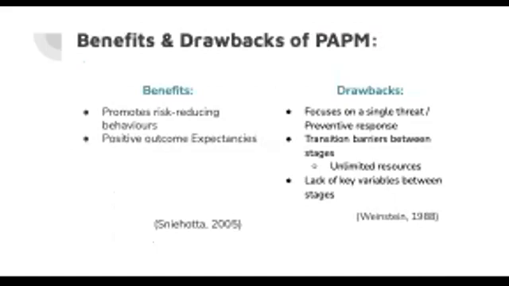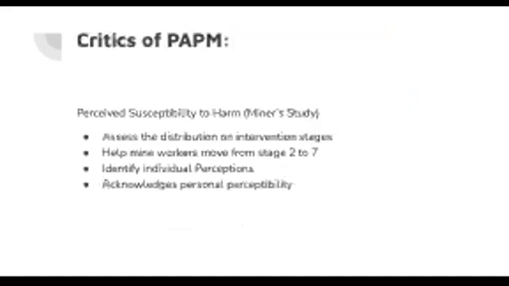The identified drawbacks of this model are: the model tends to focus on a single threat or preventive response. Also, there are transition barriers such as cost, time, and energy that can cause difficulties moving people from one stage to the next. Referring to the construct of perceived susceptibility, the PAPM was able to assess the distribution of intervention stages and help mine workers to move from stage 2 to 7 of acceptance of the new preventive technology.